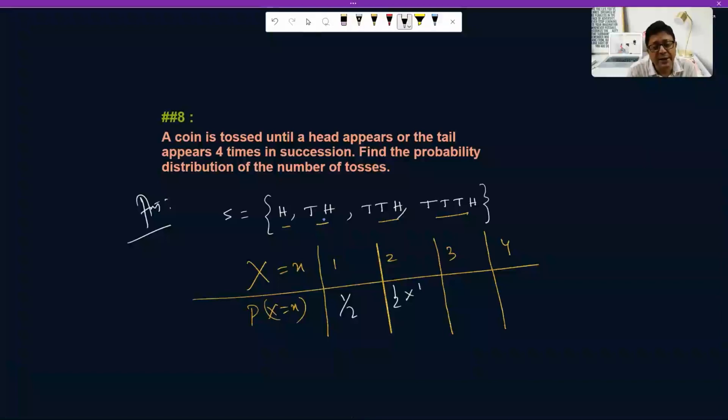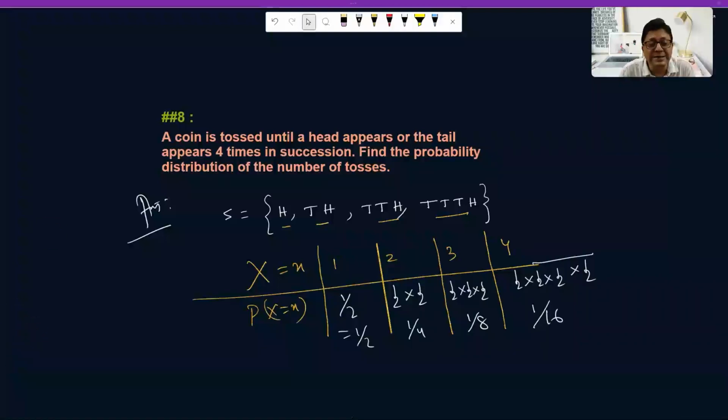Tail first, then head, half into half. Game is over. But if you don't get it, then tail, tail, head, the probability will be half, half into half. And then this case, half, half, half for 3 tails. So this is half. This is 1 by 4. This is 1 by 8.